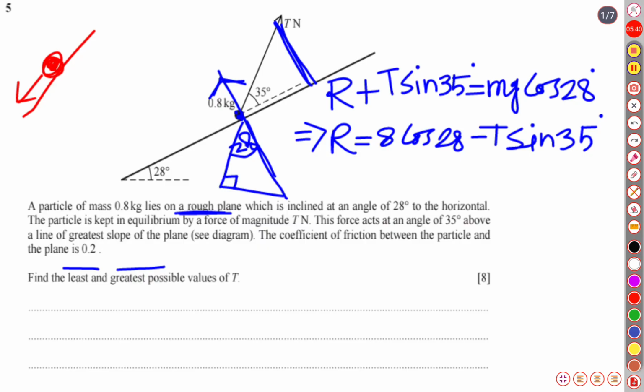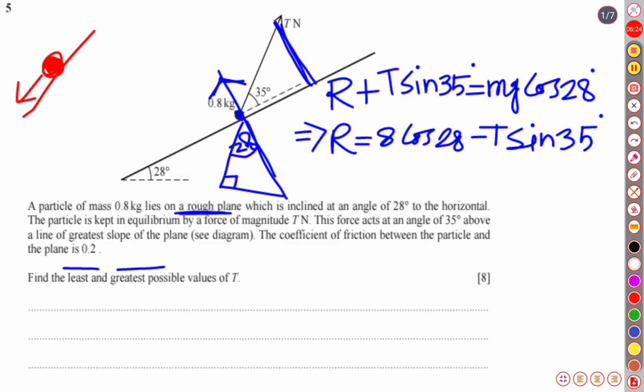We are going to differentiate and identify the least and greatest possible values. Once again, the particle is lying at this point, and due to gravity it is supposed to slide down. So weight is the only driving force causing it to slide downward, and all other forces, including this tension or external force, cause resistance to motion.